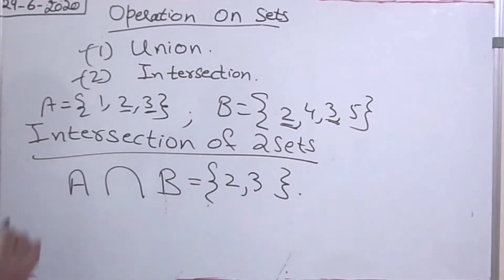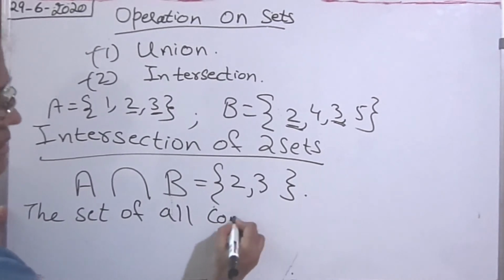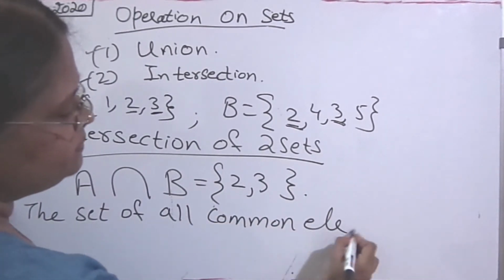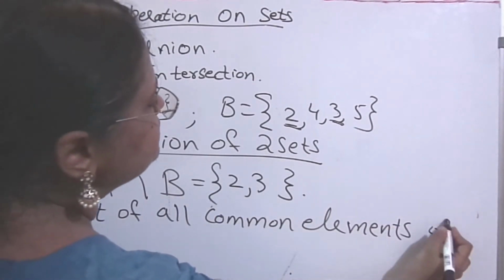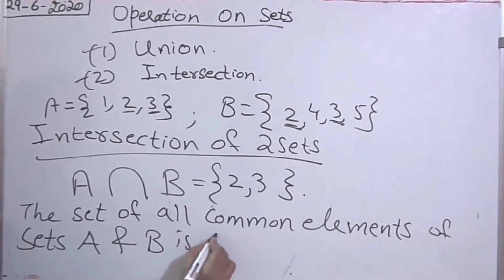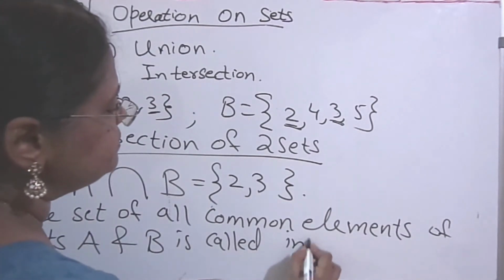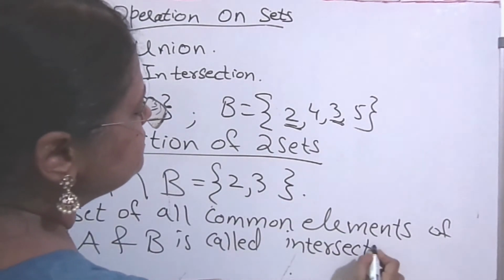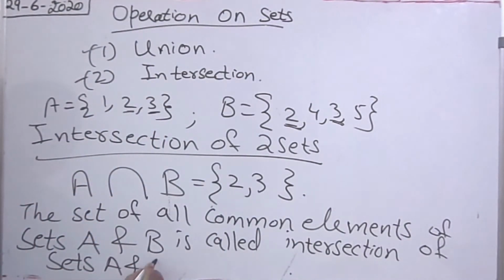So we can say the set of all common elements of the sets A and B is called intersection of sets A and B. Copy this.